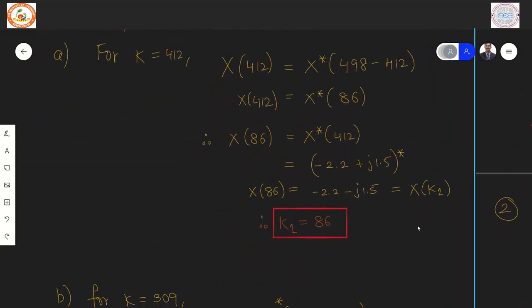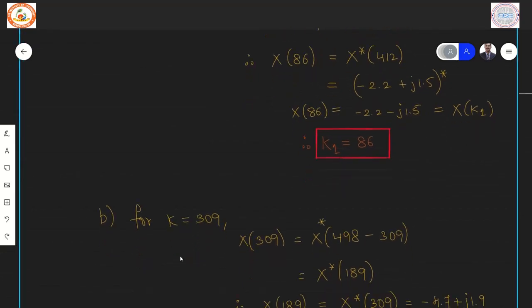To proceed to the next point, we substitute the value 309 because 309 is identical to the conjugate of k2.